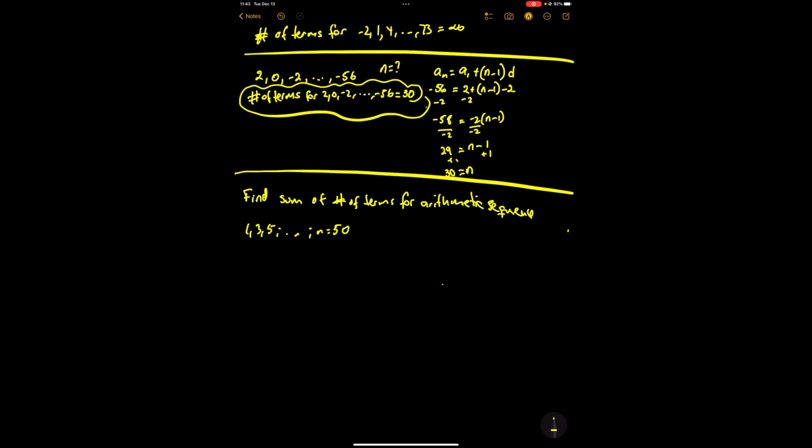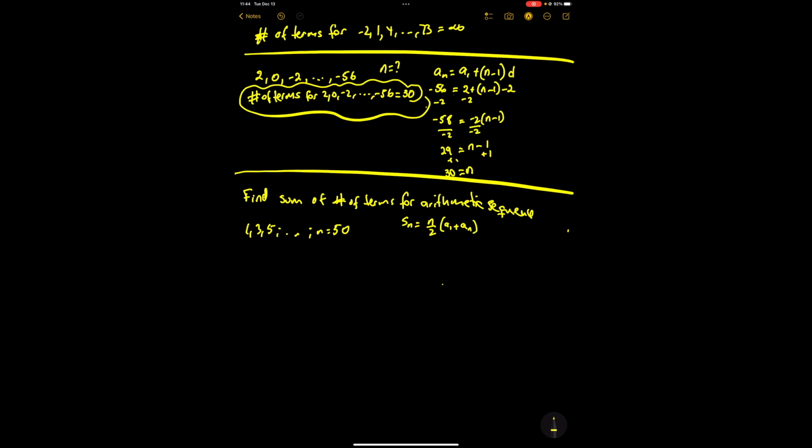How do we find the sum of the arithmetic sequence? It's very simple. The formula for the sum of an arithmetic sequence is, remember, Sn equals n over 2 times a1 plus an.